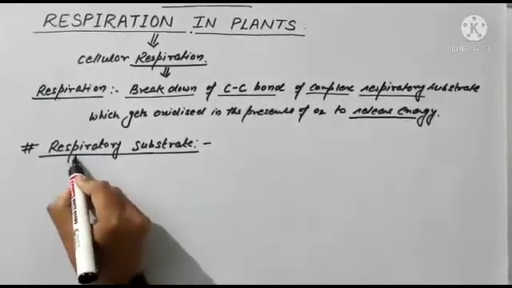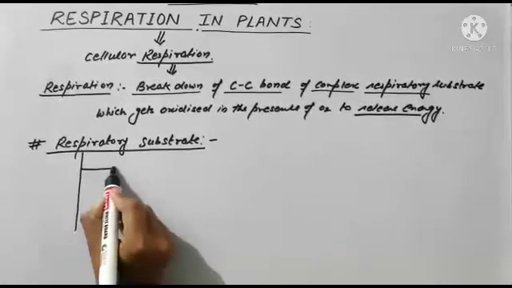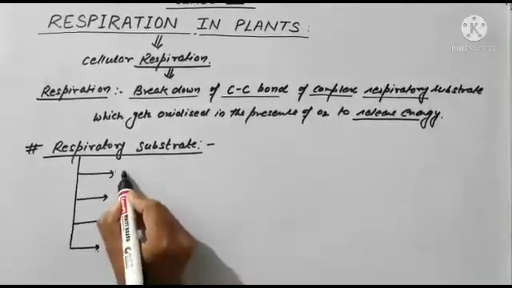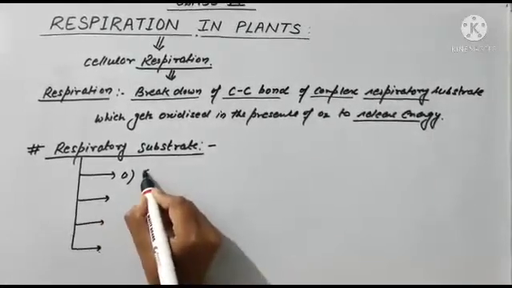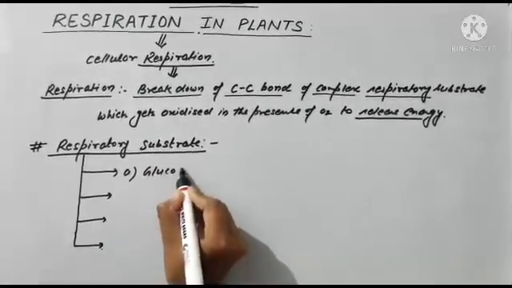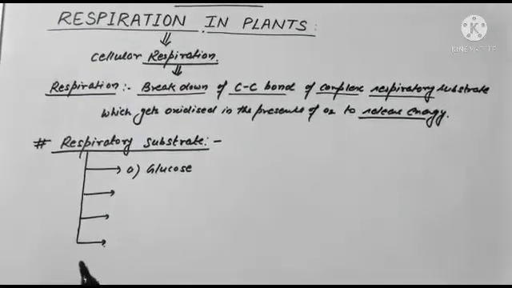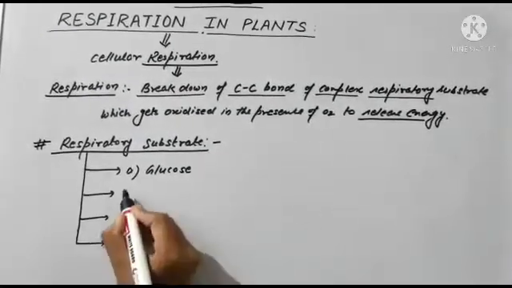Now we can categorize these respiratory substrates. Generally there are four. The first is glucose, the primary substrate which gets oxidized during respiration to release energy.